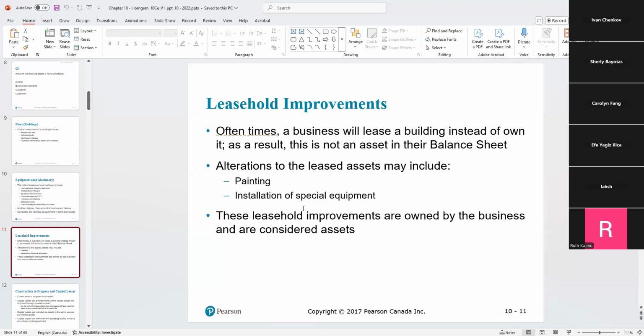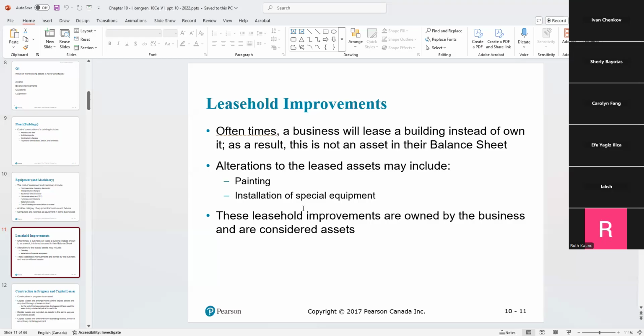Then you have to adjust the space for your needs, the way you intend to use that space. So you might have to install some equipment, do some painting, change the wall, do some calibration on the HVAC system in order to meet your needs. All this will be cost. And those costs will be related to the leasehold improvements.